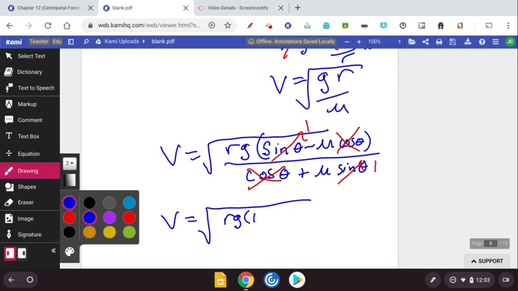That's what the numerator becomes. And the denominator becomes mu times 1. And so we get v is equal to the square root of rg over mu, the same exact thing. And so you'll see these in some horizontal circle problems.